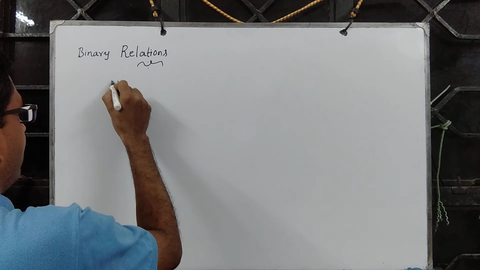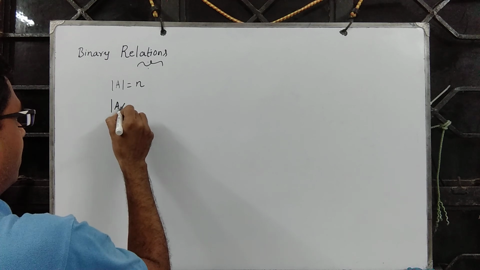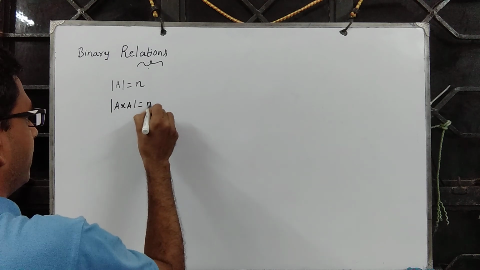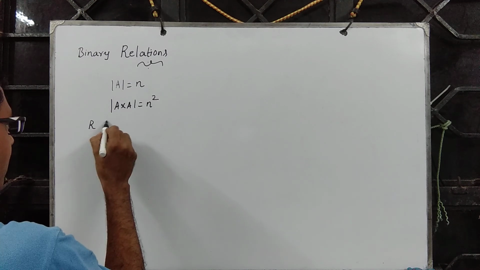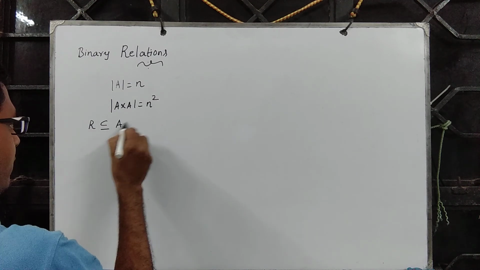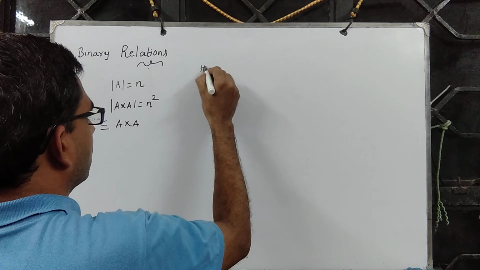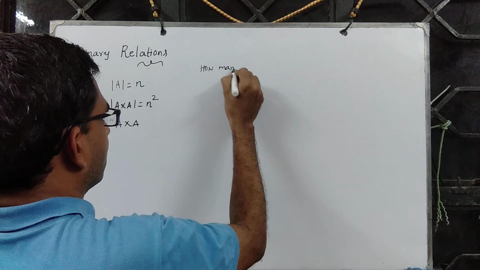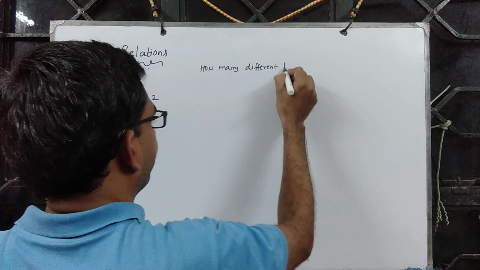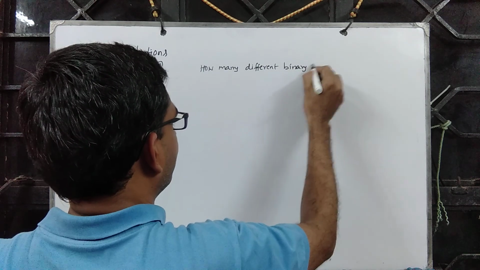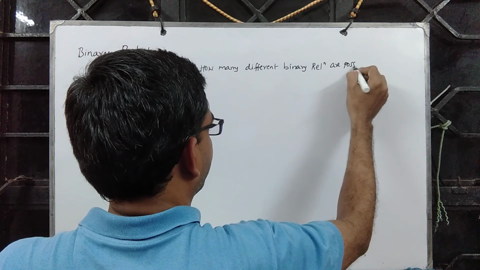If A has got n elements, then we know that A cross A has got n square elements, and R is a subset of this. So the question is, how many different binary relations are possible on A?